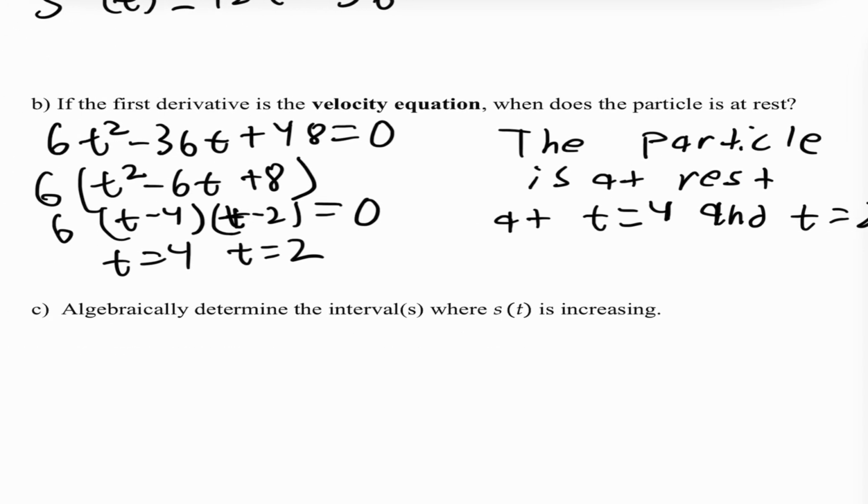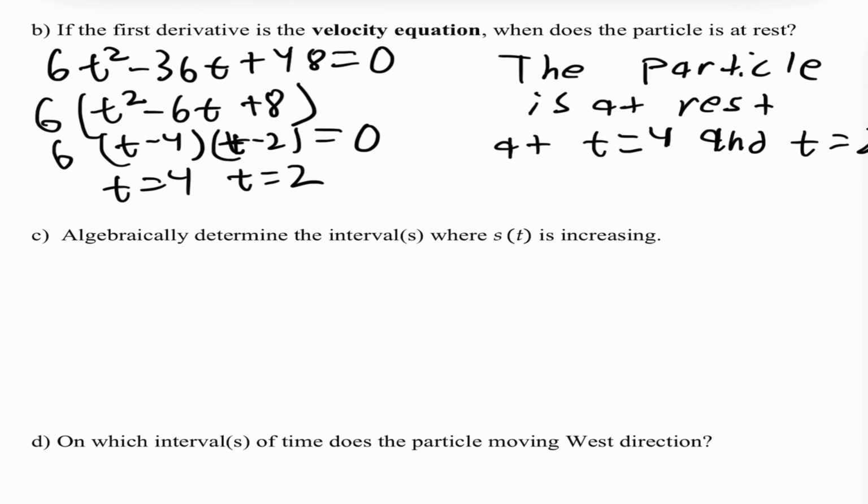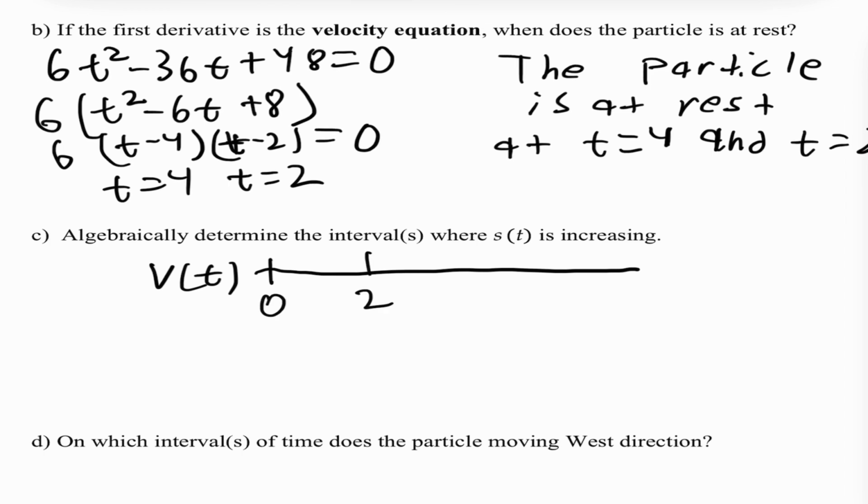C asks, algebraically, determine the intervals where s of t is increasing. So for this, we will be looking at the intervals for velocity. Since we already found the particle is at rest at 4 and 2, we'll be using those. We plug in specific numbers between our intervals to find if they're positive or negative.